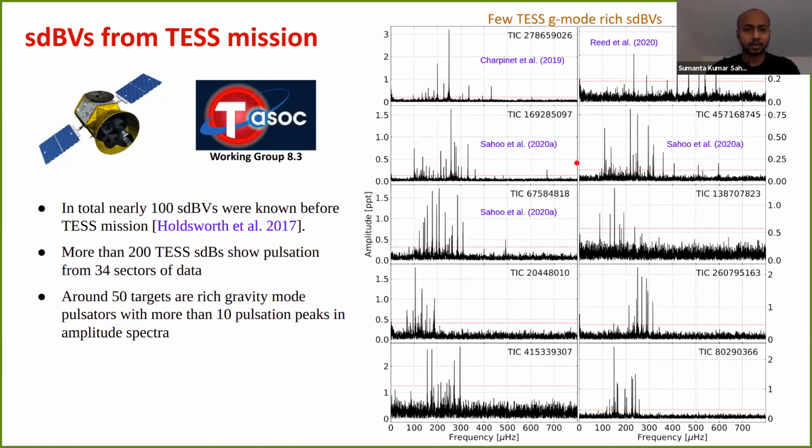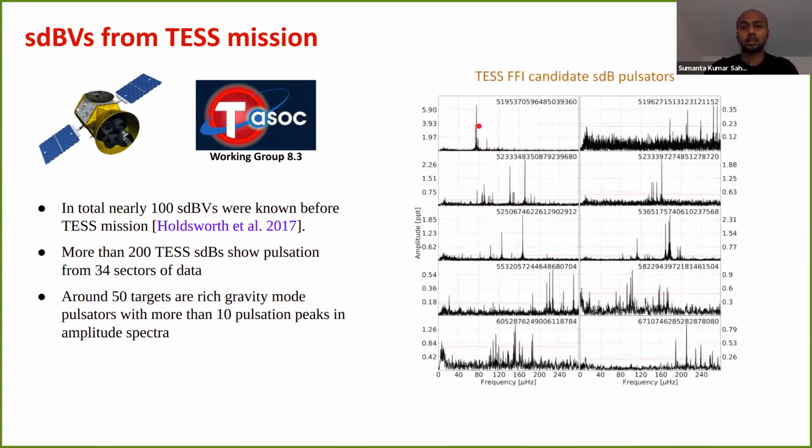My talk is divided into two parts for the analysis of these pulsations. In the first part, I will talk about the short cadence data, and in the second part, I will come to the long cadence data analysis that our group has done by analyzing the FFIs of TESS.